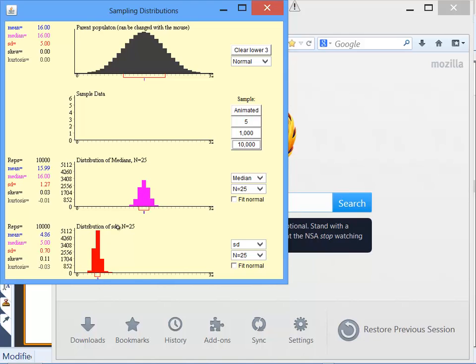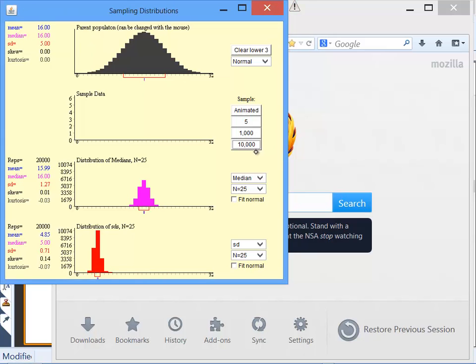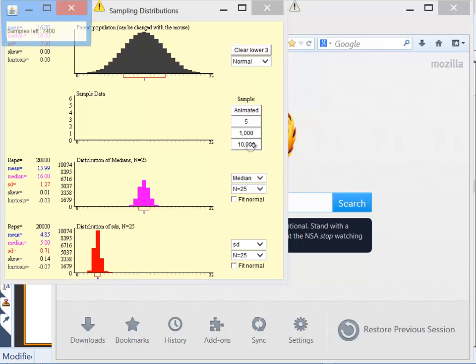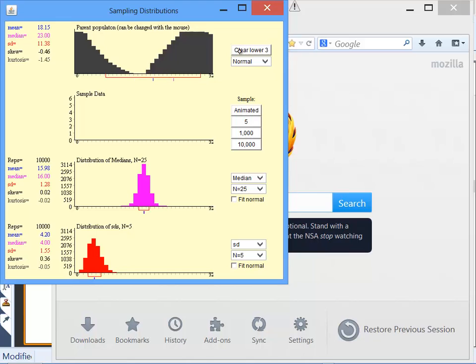My standard deviations you can't really tell on here. I made it too small, but it's actually a skewed distribution. Notice it's not super skewed, but it is kind of skewed. Let's find something that's more obvious.